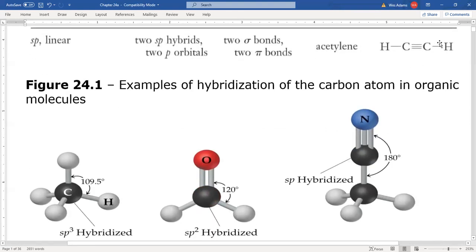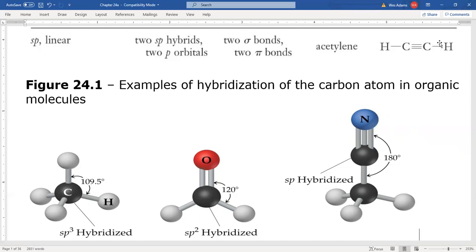So here's some examples. Here's our friend methane to the far left. It's an sp3 hybrid, therefore it's tetrahedral. And you see that tetrahedral geometry with a 109-degree bond angle is really 109.5 degrees. Something like formaldehyde there in the center is an sp2 hybrid.